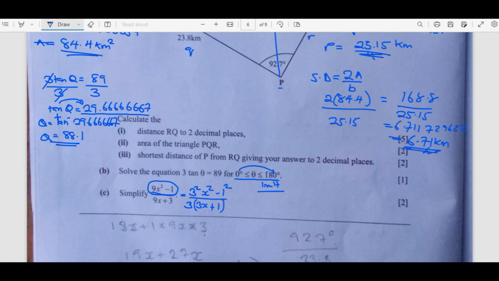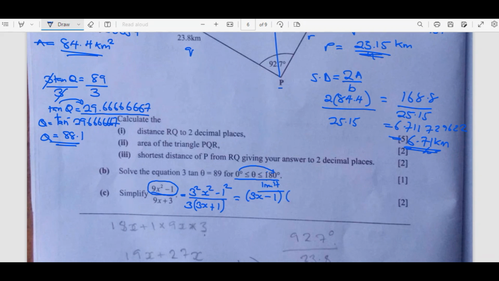And on top, open bracket 3x minus 1. We leave it there.